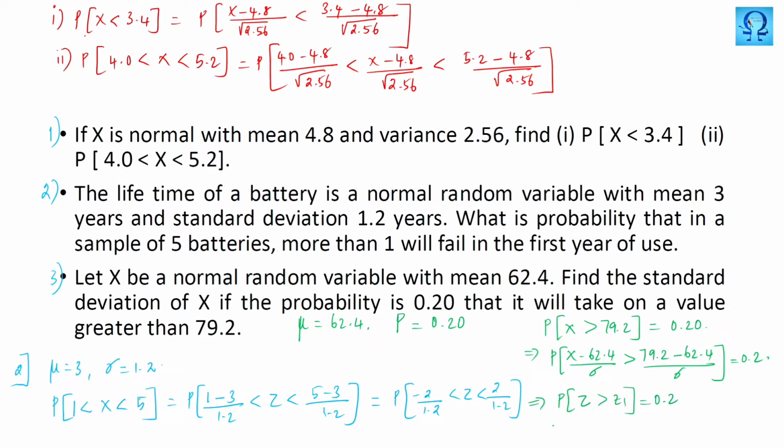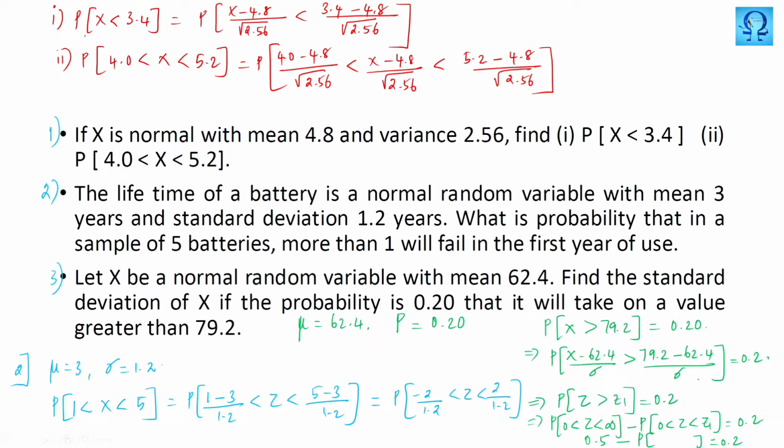Now we have greater than. Let me write it as the probability of 0 less than z less than infinity, minus the probability of 0 less than z less than z1, is 0.2. There is no harm in it. Now I know this value is 0.5, minus some quantity is 0.2. Now I need to find this z1.